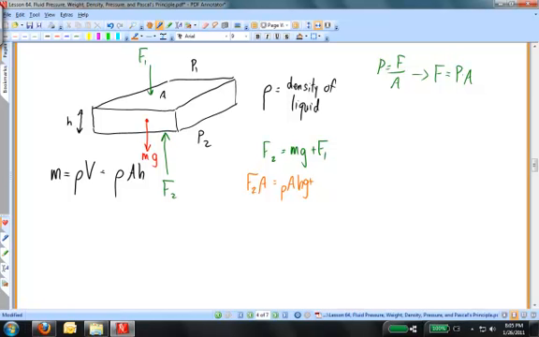Maybe that's atmospheric pressure, the pressure from the air on the top surface of the fluid, which is going to be P1 times A. Now, I have a bunch of A's there that can cancel. And when I do, I end up with an expression that tells me the pressure at the bottom, P2, is equal to rho times h times g plus P1. And that is an important equation.